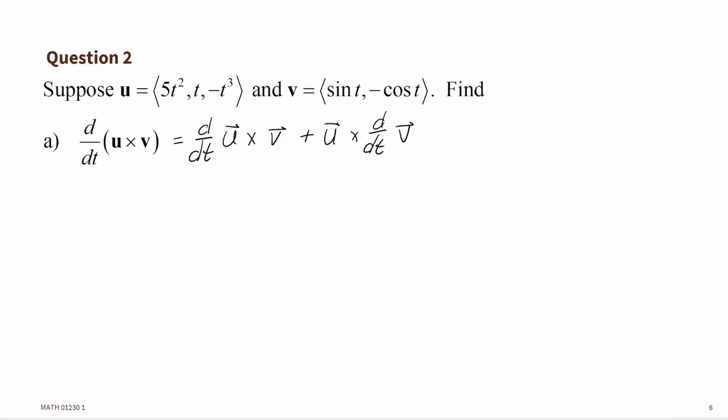And we don't really need that, because we can just find u cross v first and then take the derivative of that, which is how I'm going to proceed.